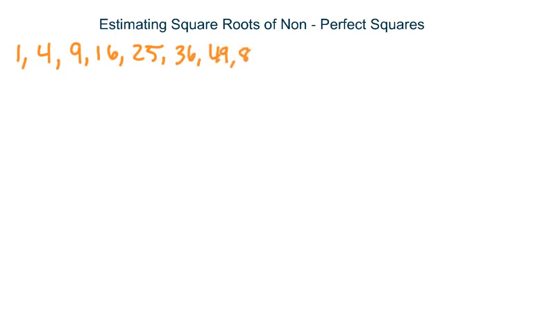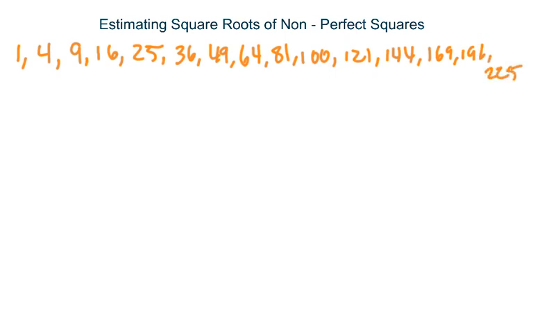Oh, sorry, skipped one. 64, 81, 100, 121, 144, 169, 196, and 225. So these are our first 15 perfect squares. You should know up to 20 and also 25, but we'll leave it like this for now.